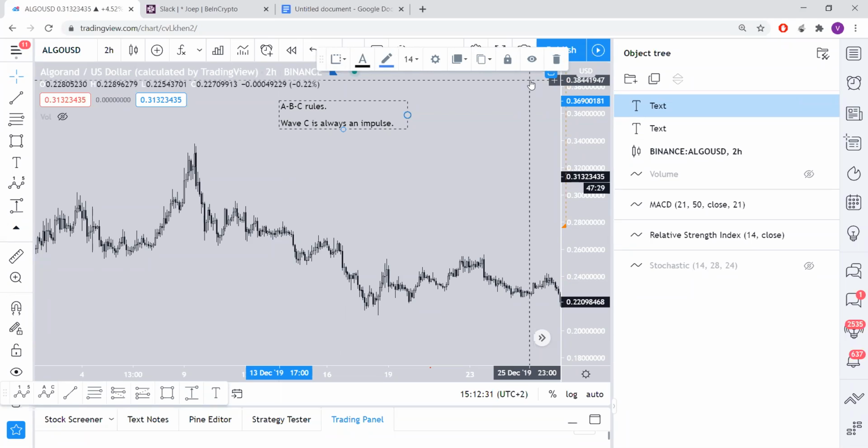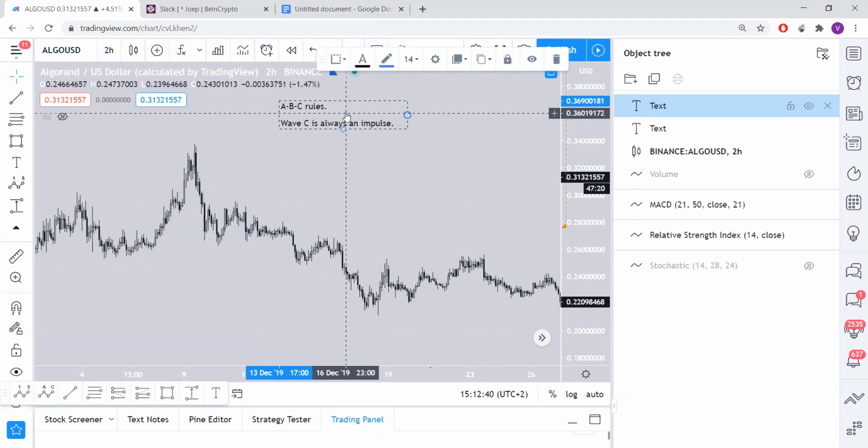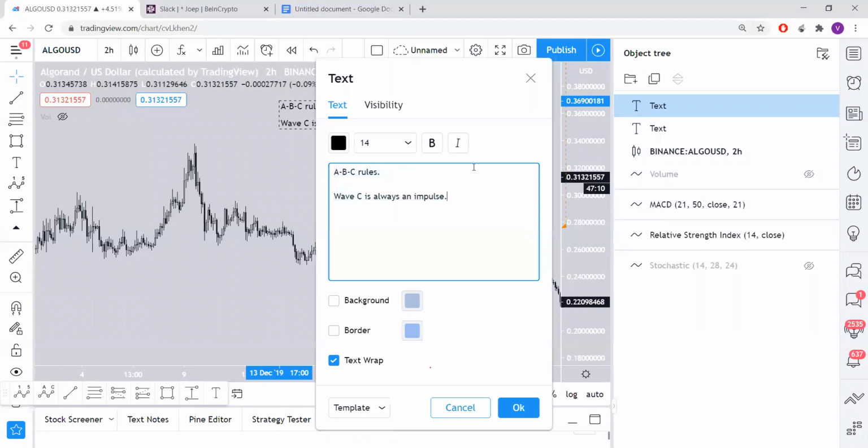So while ABC corrections do not have rules in themselves, besides the subwave count, their subwaves have to follow the basic impulse rules. Also, actually, there could be one rule. It depends if it's a flat or a zigzag. Flats have to retrace 90% of wave A.